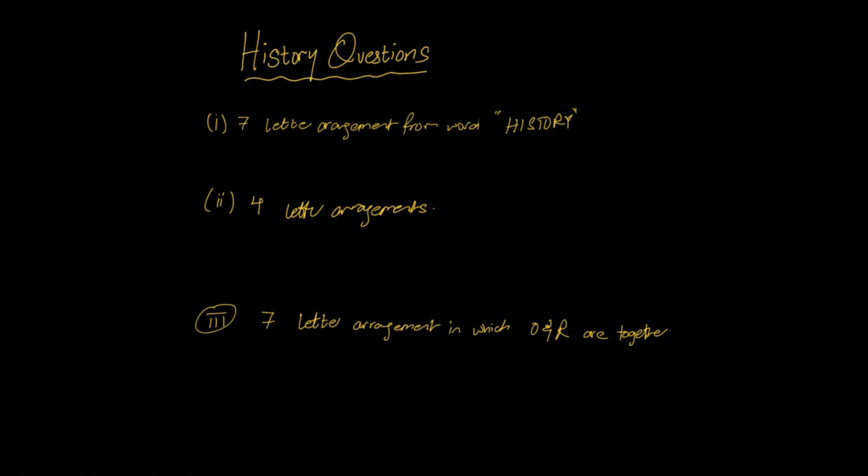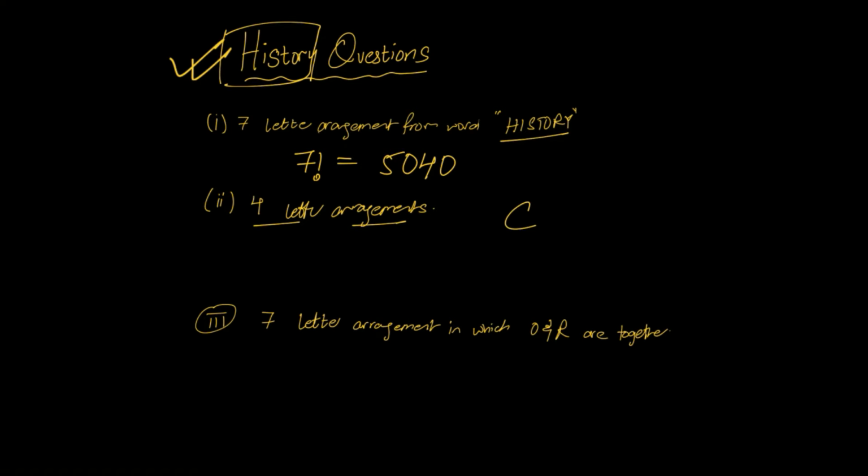Now let's take a look at this history question, which involves the word history. For 7 letter arrangements from the word history, as all of the letters are different, we can simply use 7 factorial, which equals 5040. Now, if we have to use only 4 letters, we use the formula C. As there are 7 available letters and we have to choose 4, we will use 7C4 and put this in our calculator.